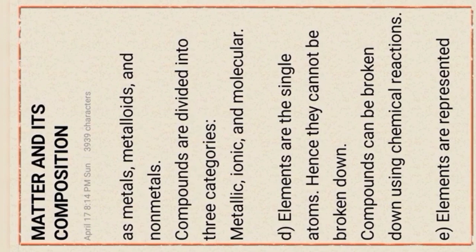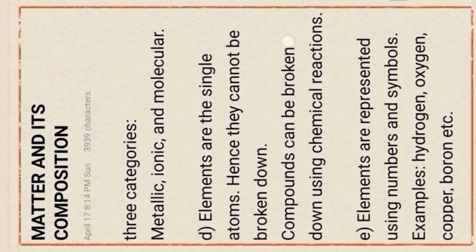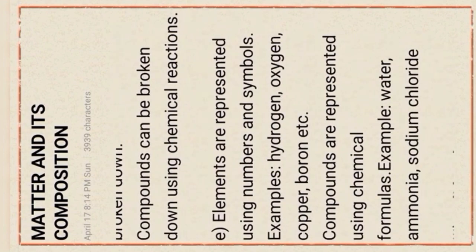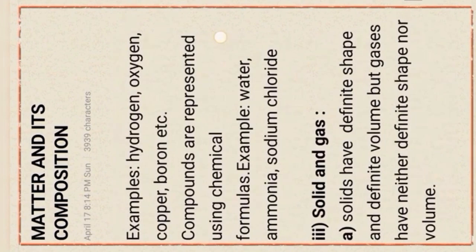Compounds can be broken down using chemical reactions. Next part, E. Elements are represented using symbols. Examples: hydrogen, oxygen, copper, carbon, etc. But compounds are represented using chemical formulas. Examples: water, ammonia, sodium chloride.